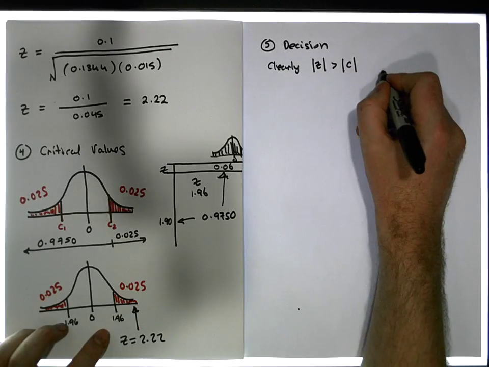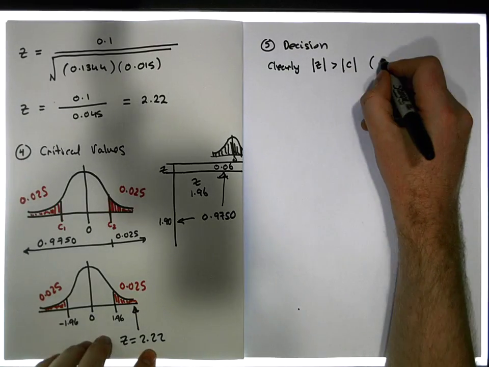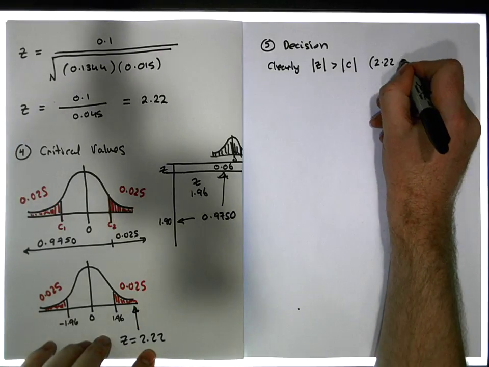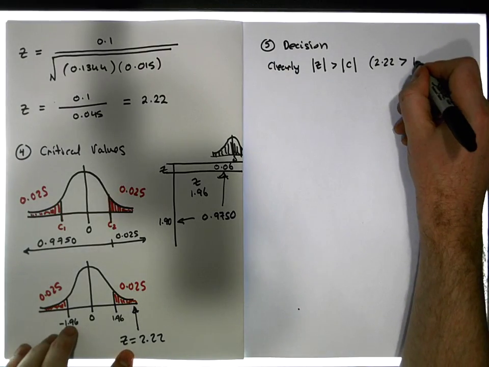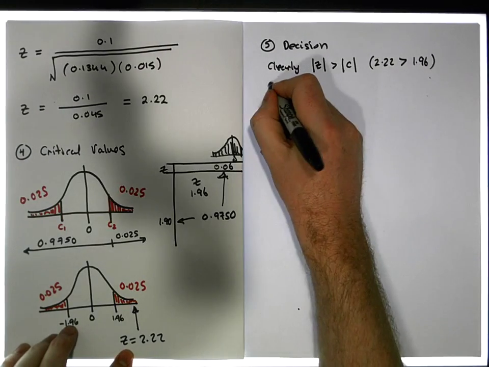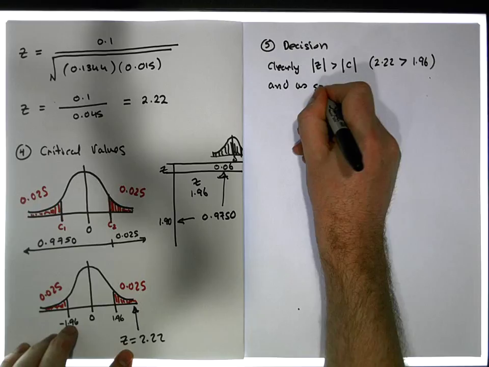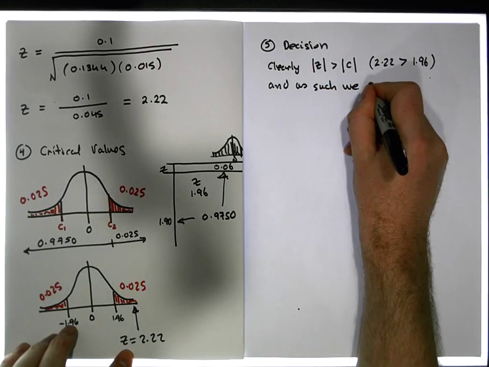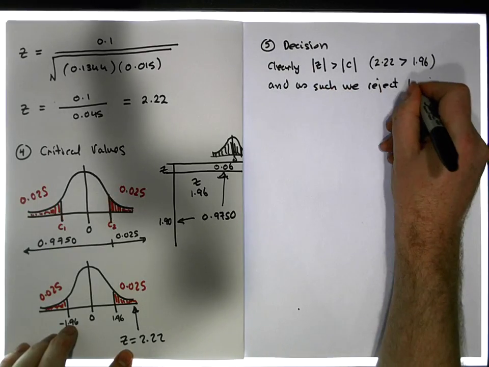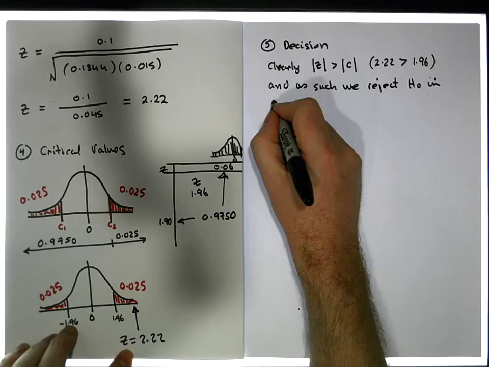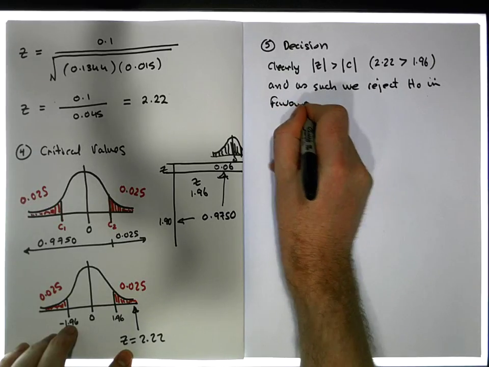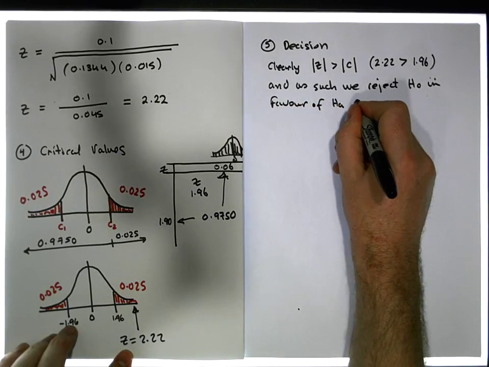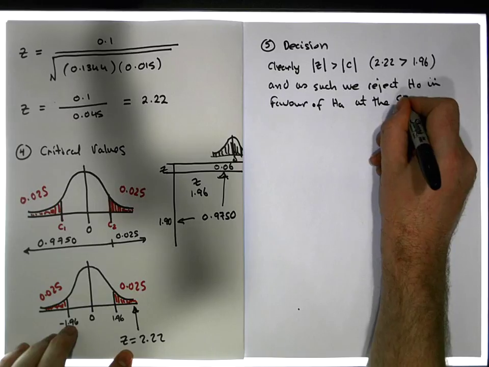What I mean by that is the z-statistic, which is 2.22, is bigger than 1.96. And as such, we reject H0 in favor of HA at the 5% level of significance.